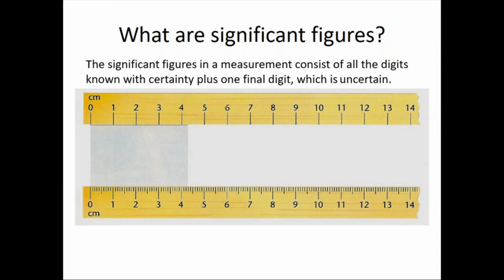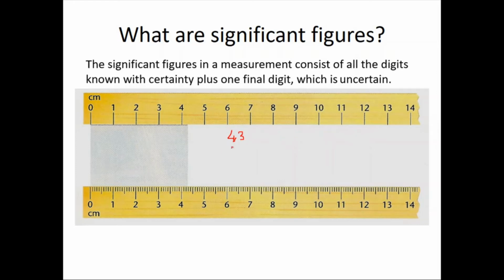If this is our ruler, here we exactly know that it is 4 centimeters, and something here we are going to estimate. This is definite. We certainly know that it is 4, and it is more than 4. Then we don't know the exact value, and it is going to be something like, for example, 4.3.